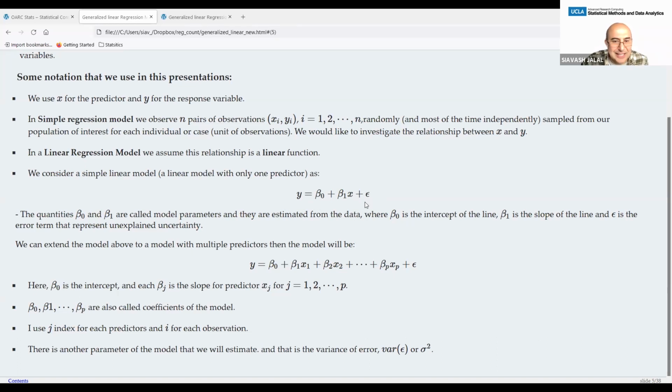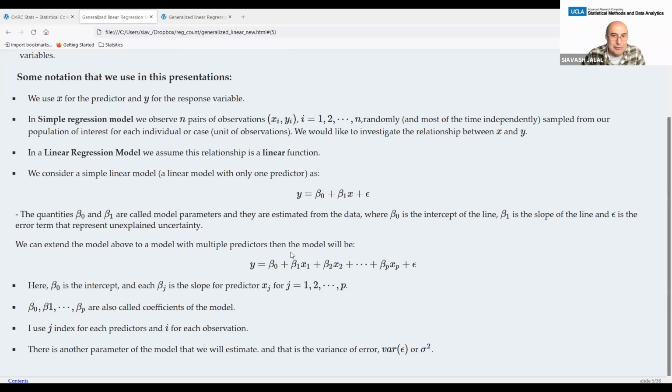So this is uncertainty that exists in the data or in a random sample. The quantities beta 0 and beta 1 are model parameters. Sometimes we call them coefficients of the model. And epsilon is the unexplained uncertainty that cannot be explained by the linear model.